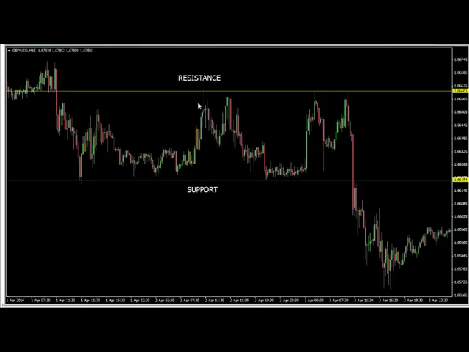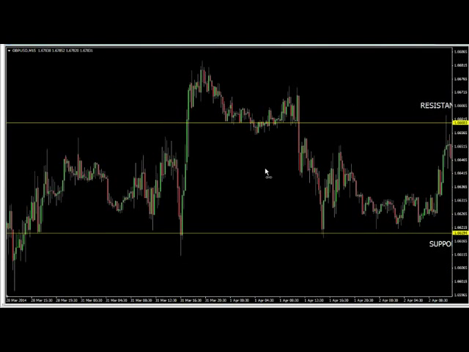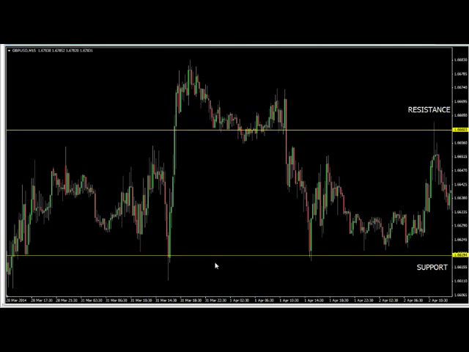So let's take a look at some real world chart examples of this in action. The first thing we have here is the exact same sort of situation that was mentioned previously. We have a box of resistance and support created on the pound 15-minute chart. If I scroll the chart back a little bit, as we're moving forward and these levels of resistance and support are created, you'll see that this level of support has been touched 1, 2, we broke it a little bit, but we're generally looking for a really large break to do anything with it.